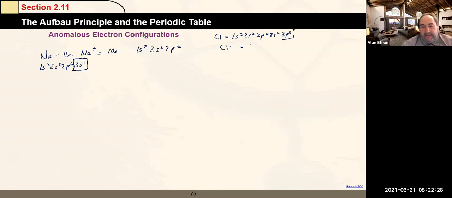It will actually gain the electron there at the end, where that electron will come in, giving you 1s2, 2s2, 2p6, 3s2, 3p6, getting it to 18, which is argon's configuration, and getting the sodium back to neon's configuration.